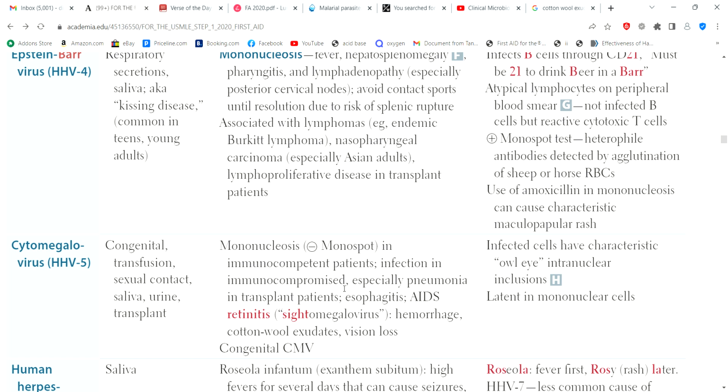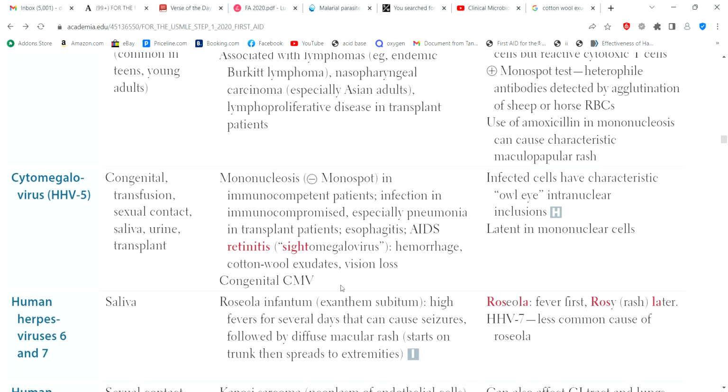These rounds are inside the nucleus. Owl's eye intranuclear inclusions seen in CMV.